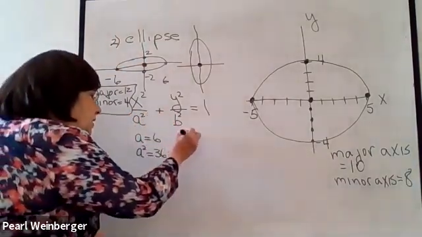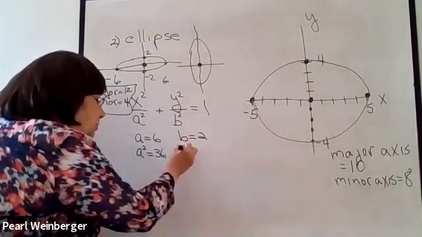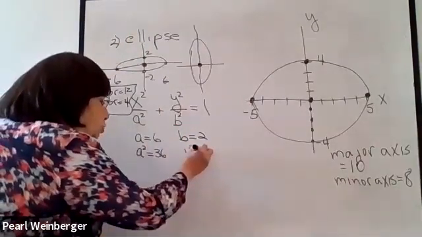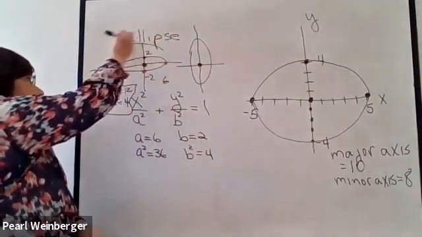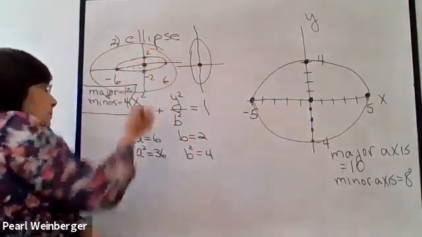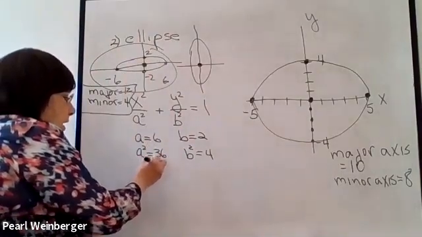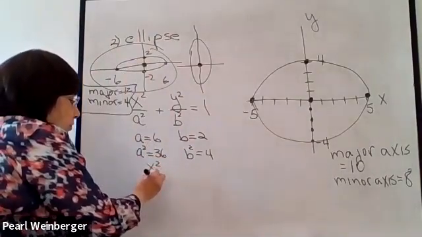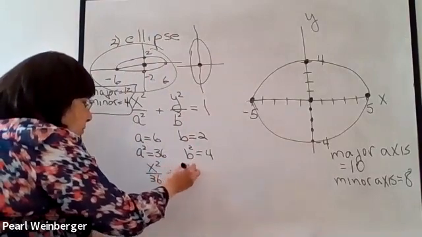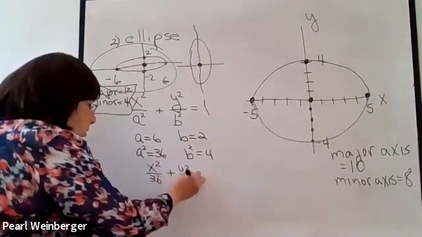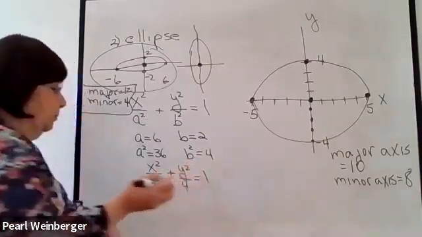And the B we see is 2, which means the B squared would be 2 squared, or 4. So for this particular ellipse, the equation would be x squared over 36 plus y squared over 4 equals 1.